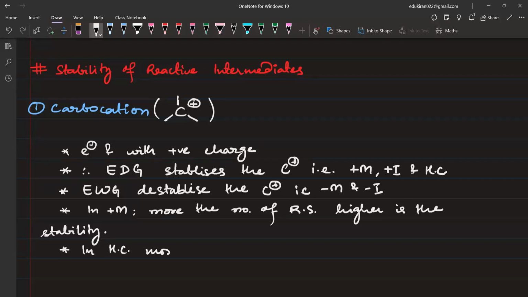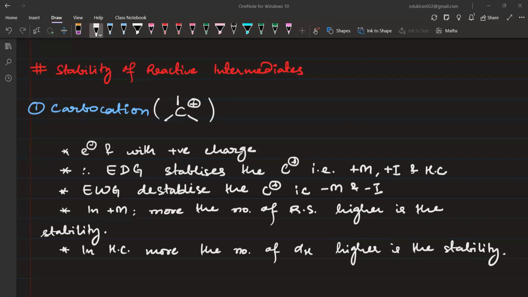In hyperconjugation, more the number of alpha hydrogens, higher is the stability. Okay.